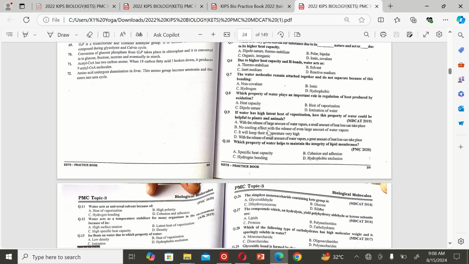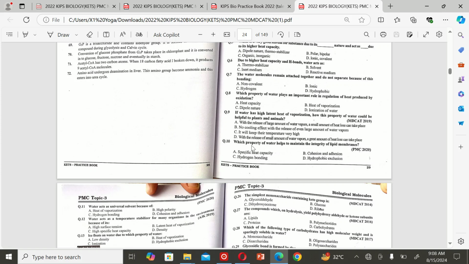B. No cooling effect with the release of even a large amount of water vapors. C. It will keep their temperature very high. And D. With the release of a small amount of water vapors, a great amount of heat loss can take place. So the correct option is D. With the release of a small amount of water vapors, a great amount of heat loss can take place.